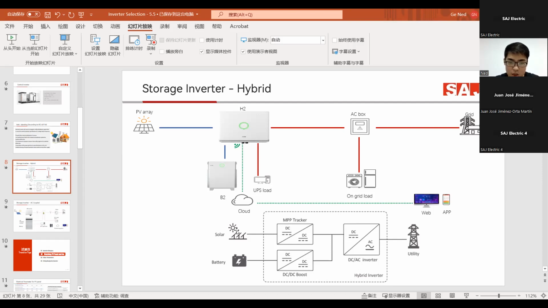The solar is a DC power for the inverter, and it has a DC-DC module to convert the DC energy before the DC energy is converted to AC, and the battery will still have a DC source to convert to AC voltage to supply our load. So this is an energy storage system.